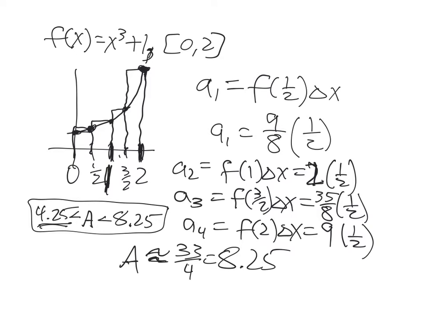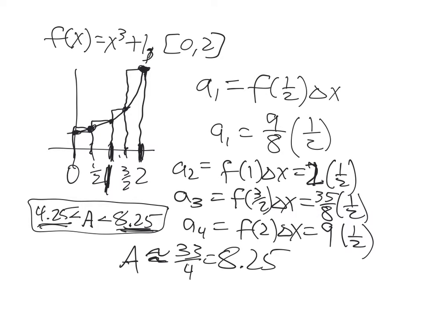Left endpoints will probably get around maybe 5 or 6, and right endpoints maybe we'll get around 6 or 7.